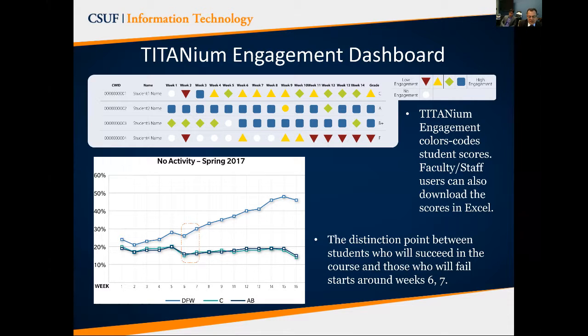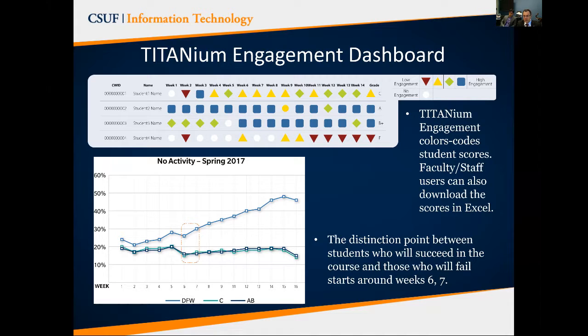The people that got D, F, and W had a lot more no activity than the people who got C's, B's, and A's. A sweet spot, which our data analysts found, was between 6 and 7 weeks. So we can now tell the advisor, if you look at weeks 6 and 7 and see a big gap, you can do an early intervention with your students moving forward.